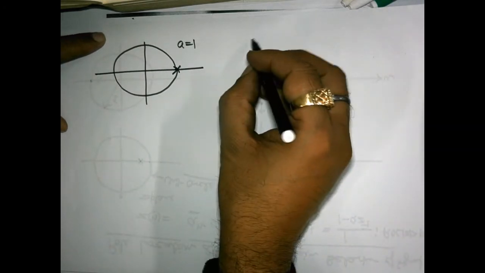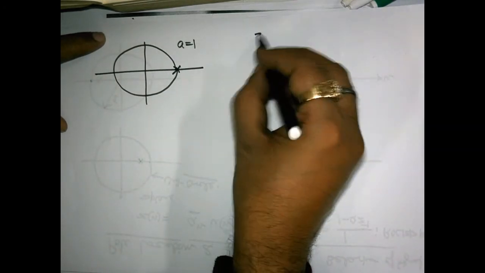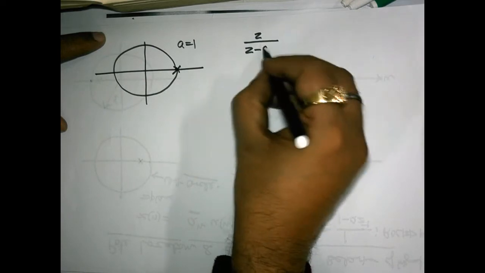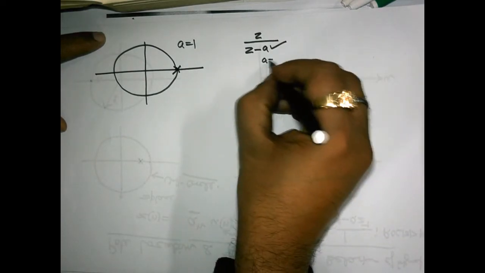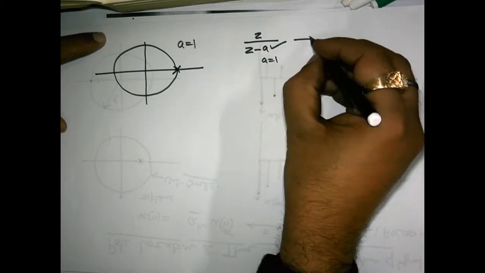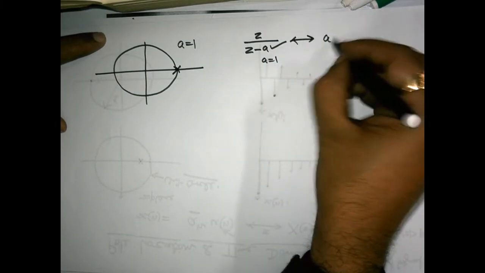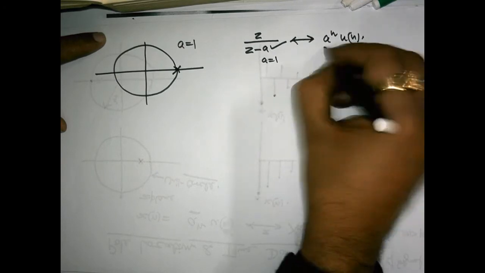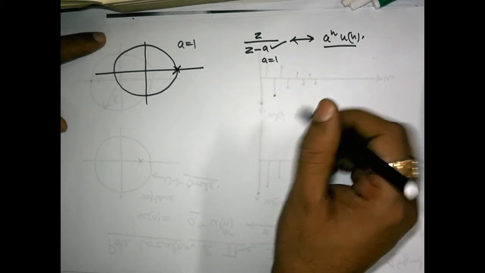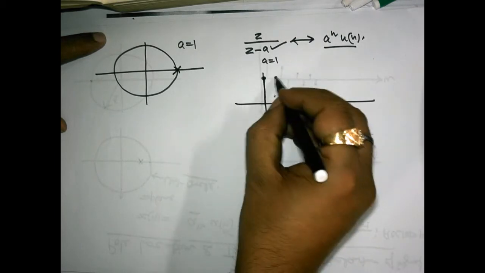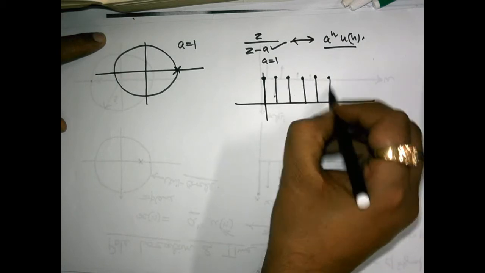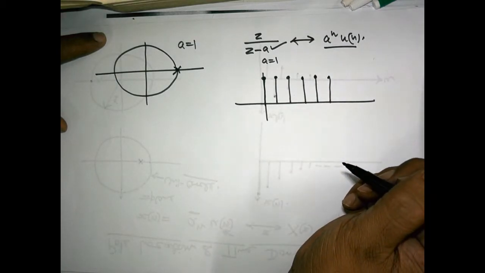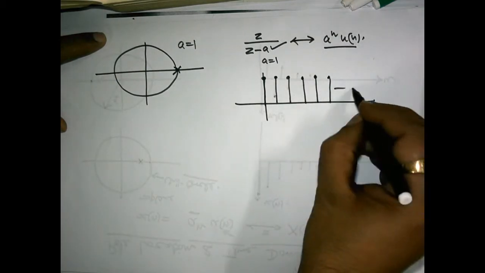Then naturally the z transform is z over z minus a. A is the pole, and this corresponds in inverse z transform to the signal a^n u[n]. And if a equals 1, then what is the shape? It is the shape of u[n].